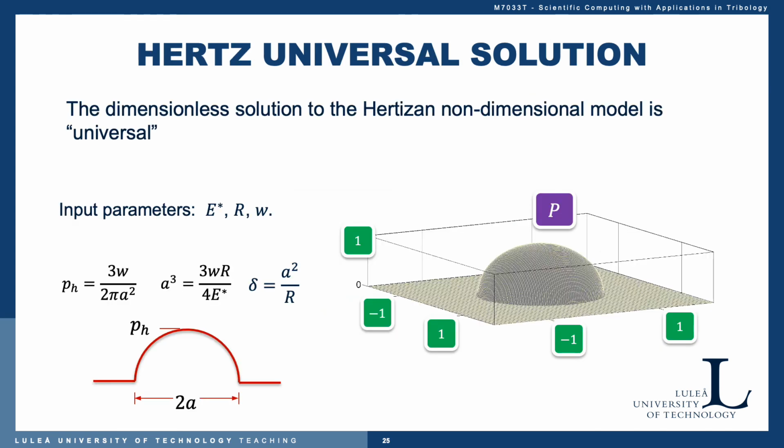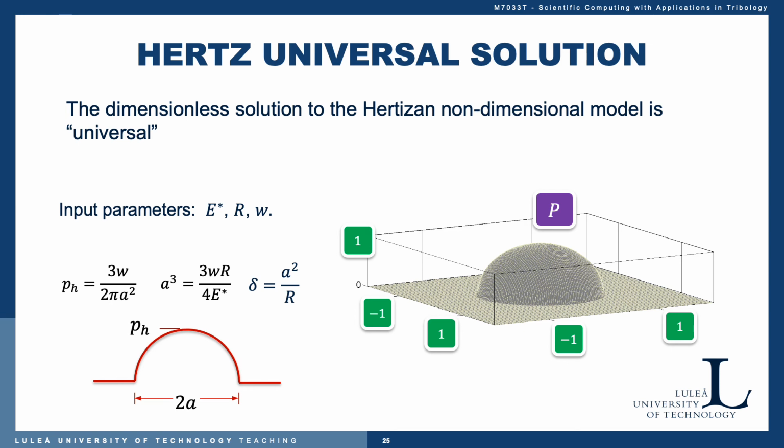The Hertzian solution is actually a sort of universal solution in that, based on a certain set of input parameters, E star, reduced radius, curvature, and load, it gives every solution analytically, and the expression for the maximum pressure is the Hertzian pressure expression.